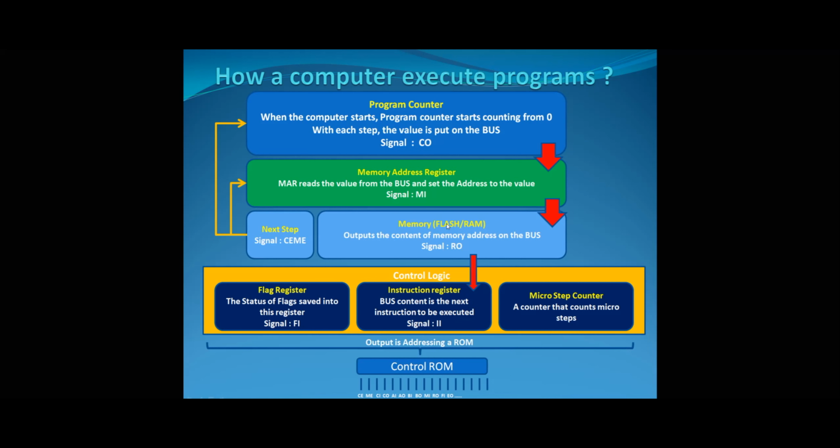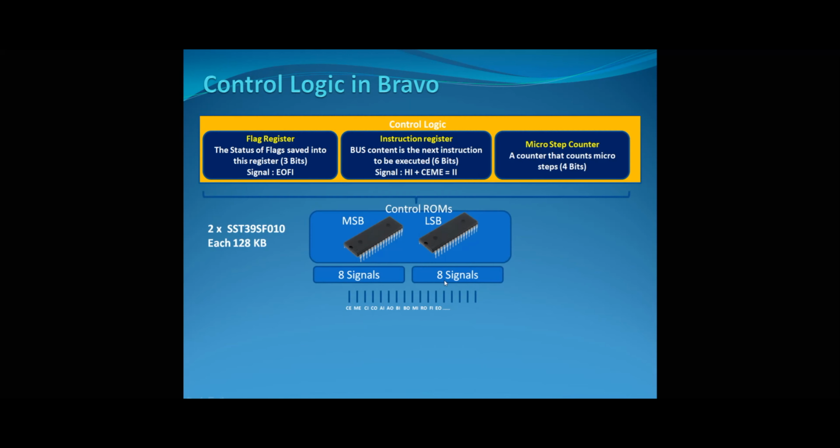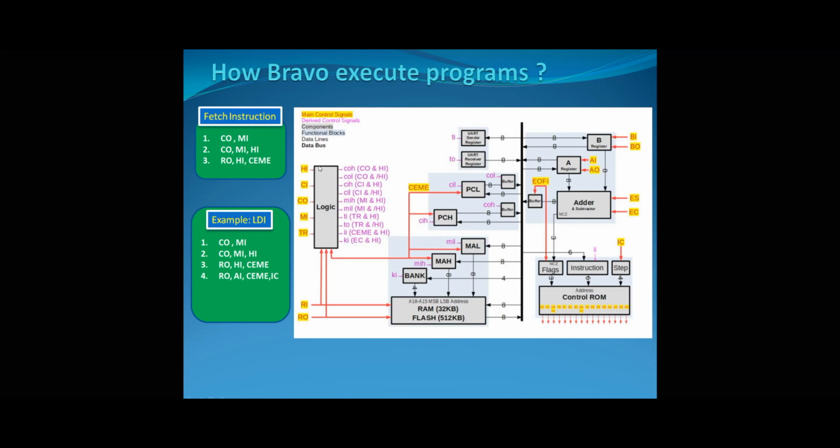So how does the computer actually know at the beginning that we need a CO, an MI, an RO, and CME so that it actually pulls the instruction for execution? Well, the point is that with every instruction that we are executing in the computer, there will be a couple of steps, or to be specific here, 3 micro steps, that are called the fetch instruction.